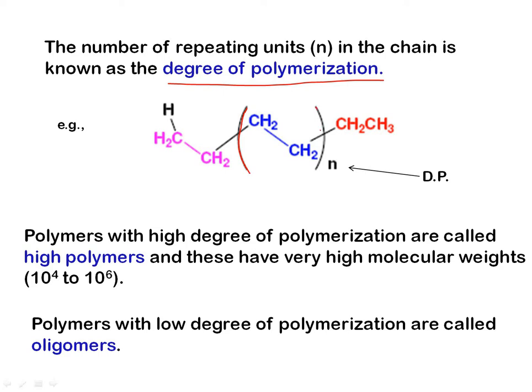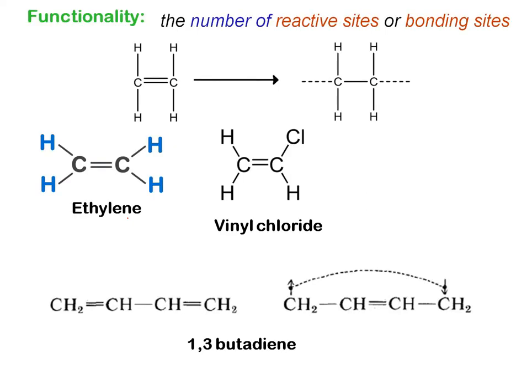It is a polyethylene polymer. So here it is repeating n times. This n is nothing but the degree of polymerization, the number of repeating units in the polymer. When the degree of polymerization is very high, such polymers are called high polymers, and polymers with low degree of polymerization are called oligomers.